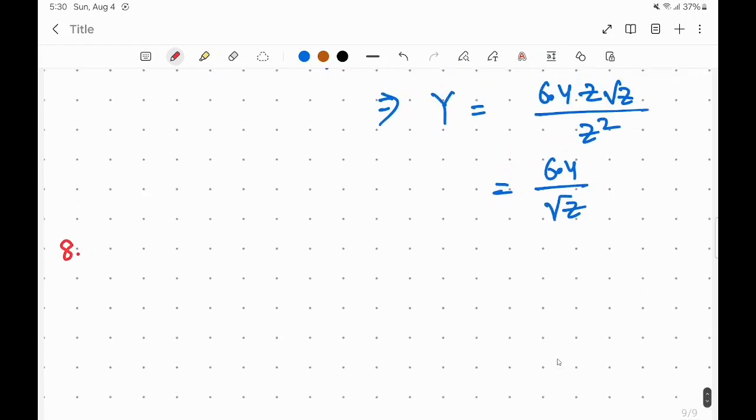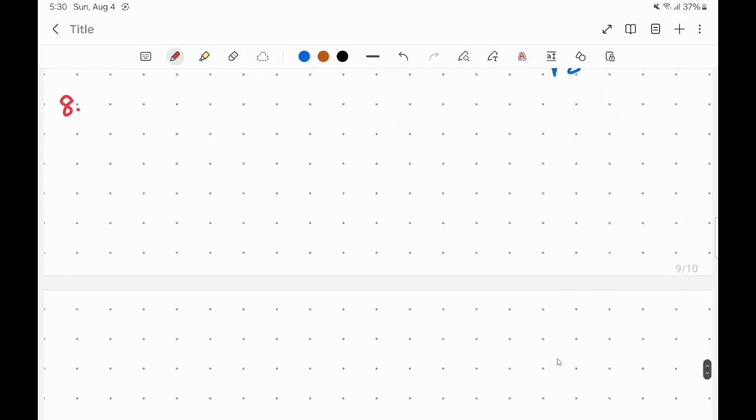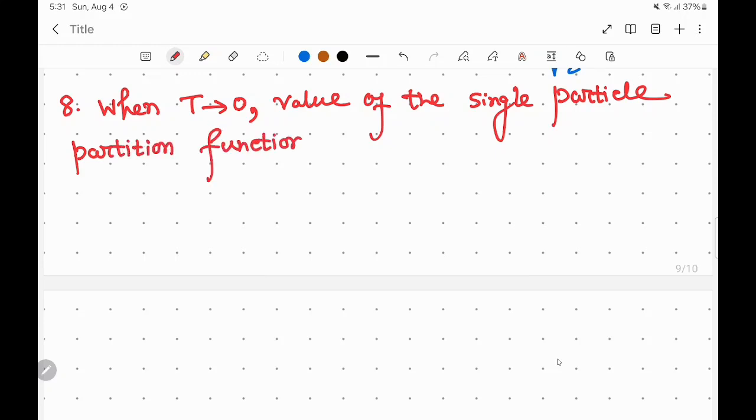This was also discussed in the class, but the general form is important to discuss, I think. When T tends to 0, the value of the single particle partition function will be... what is given?